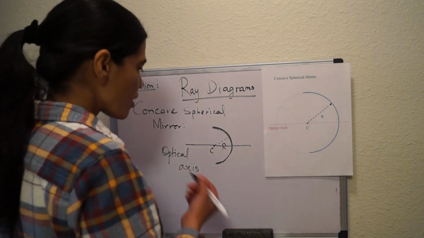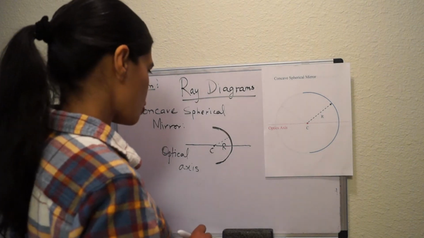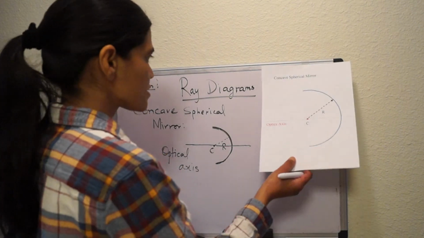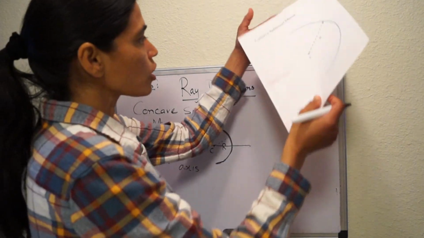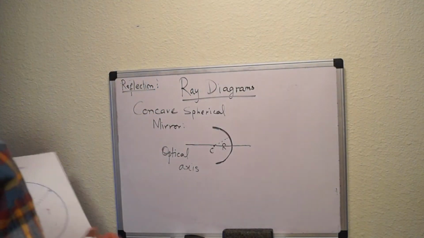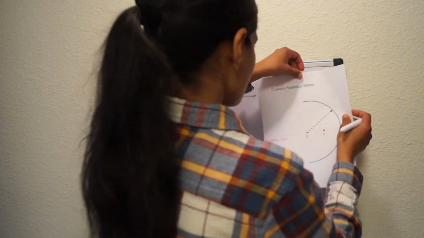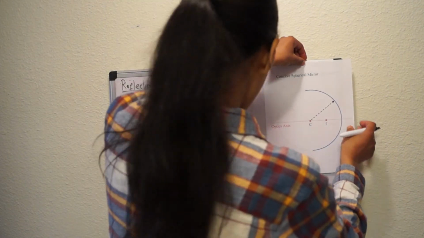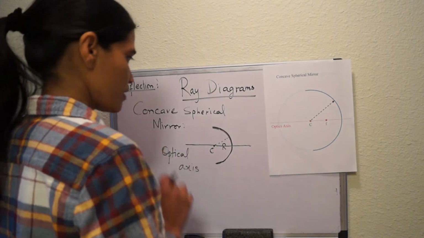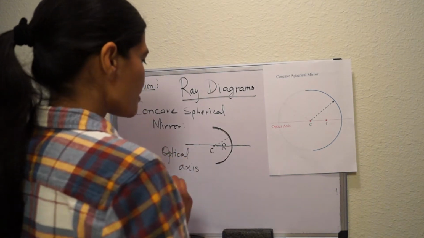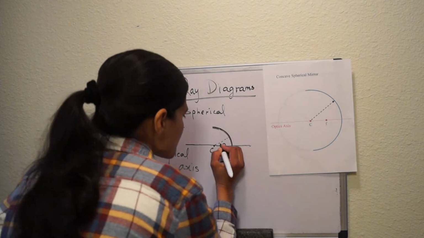Okay, now there is another thing we want to draw in this picture. There is something called a focal point. So here we had this curve, right? We had an optical axis. Now there is something called a focal point, this point here.